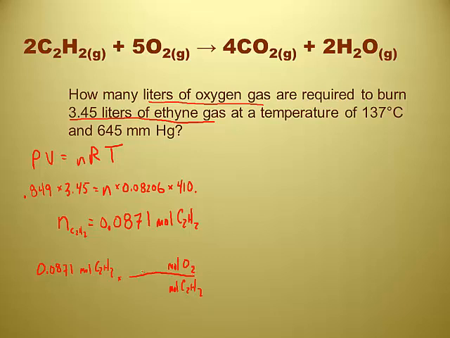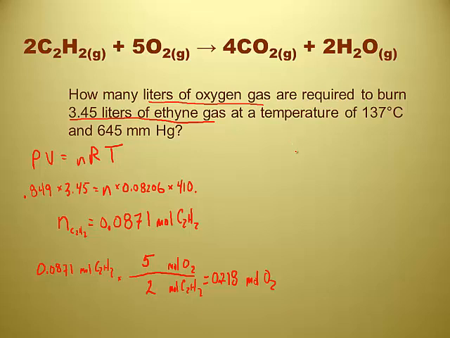This is the stoichiometry part. The other one was just prep work, if you will. So 5 moles of oxygen and 2 moles of C2H2, a 5 to 2 ratio. We get 0.218 moles of oxygen.